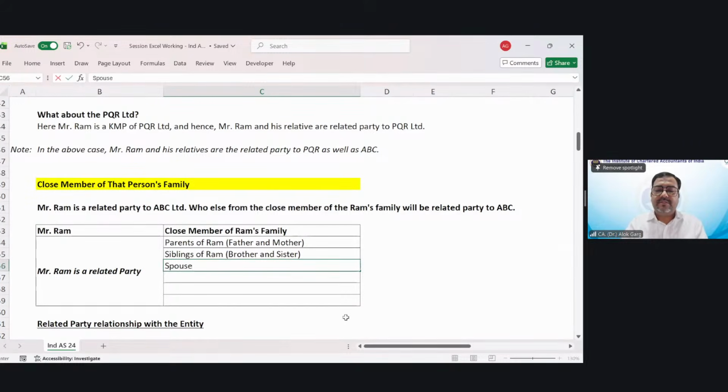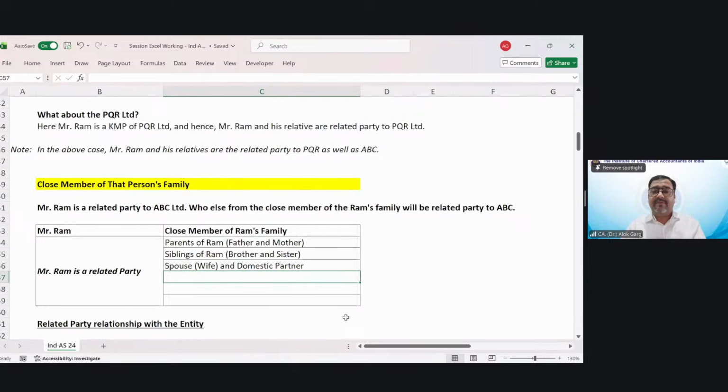Spouse means here wife, because Ram is a person, his wife. Okay, wife, and domestic partner. Let's write spouse and domestic partner. So these are covered.